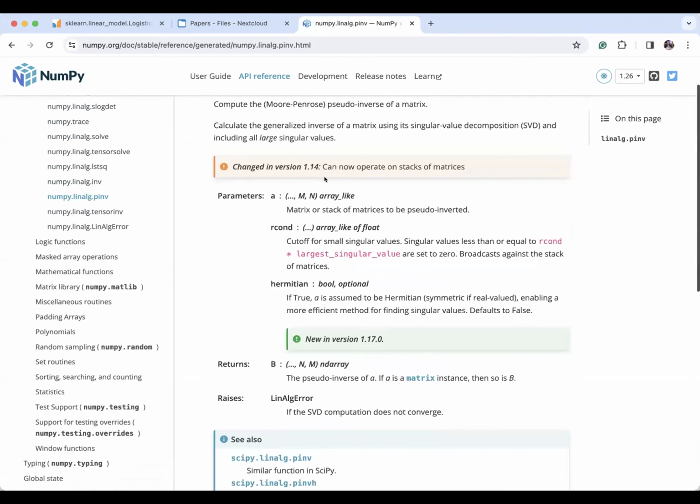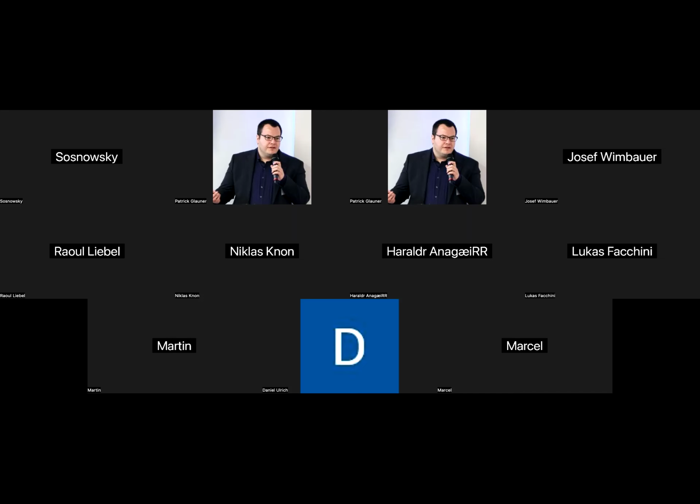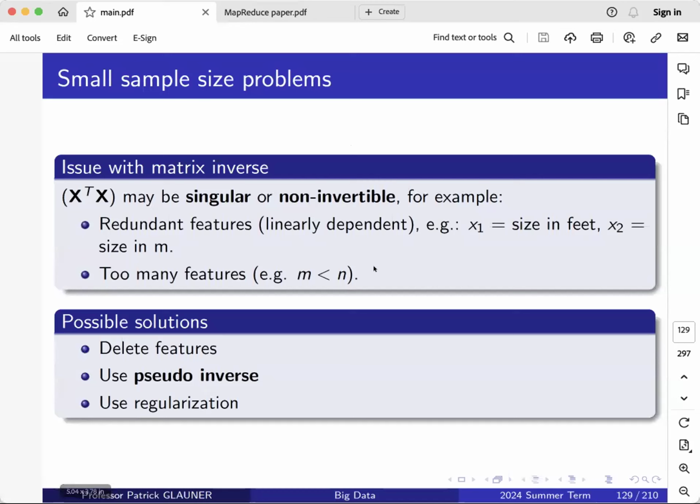And you can also take a look at the parameters and any assumptions you can make about this matrix. Like this, you can calculate the pseudo-inverse if you wish. So this is one approach how you can tackle this problem.